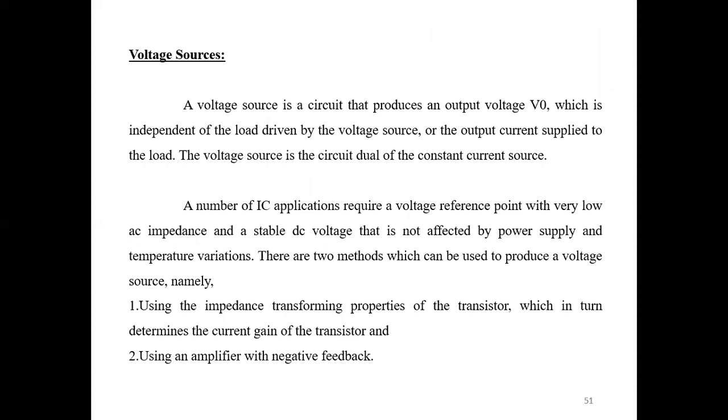Next one is voltage sources. A voltage source is a circuit that produces an output voltage Vout, which is independent of the load driven by the voltage source or the output current supplied to the load. The voltage source is the circuit dual of the constant current source.